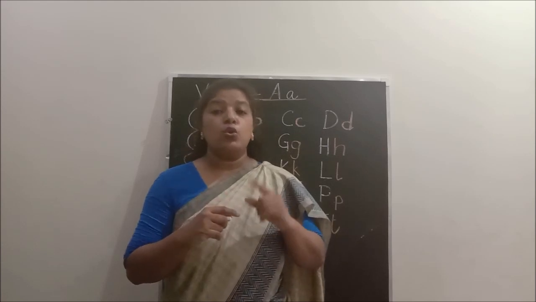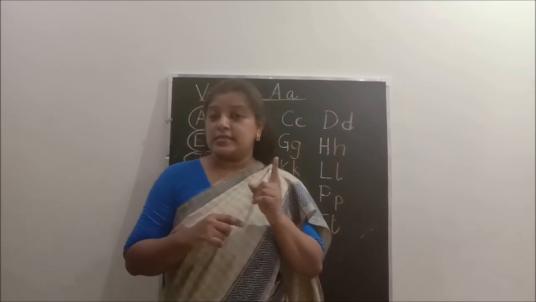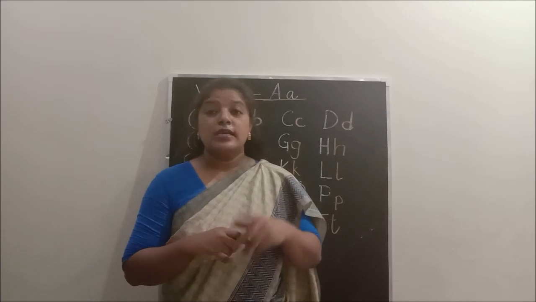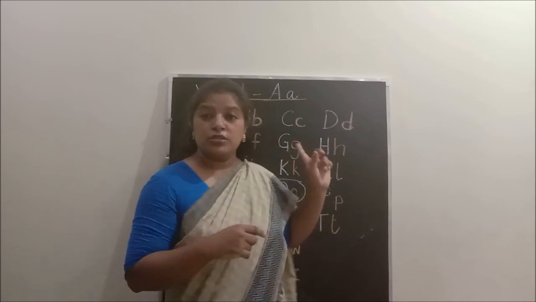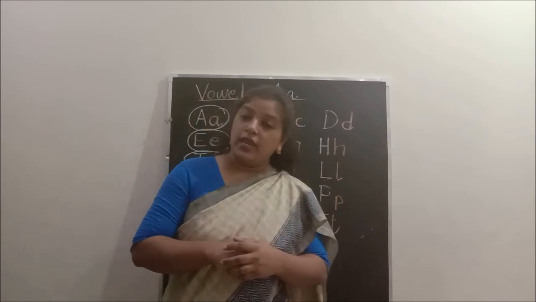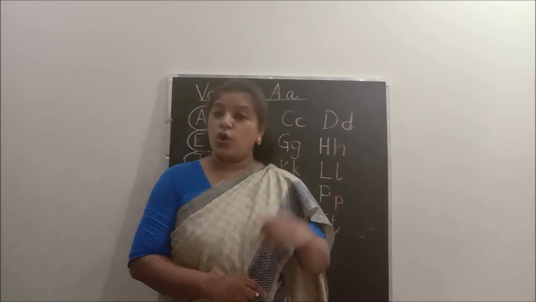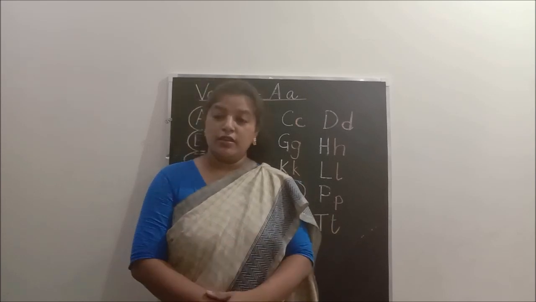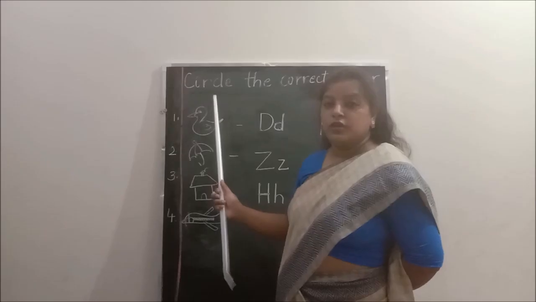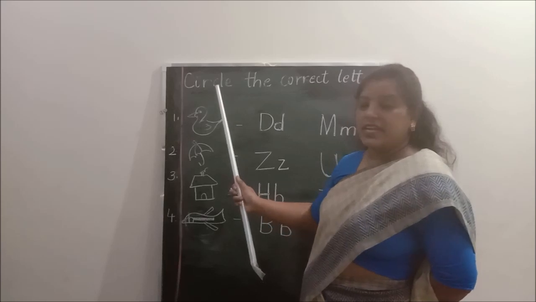Now we are going to do one new exercise that is called circle the correct letter using these alphabets. Okay, so let's do our exercise on the board, then I'll show you in the notebook. Clear? So let's see the exercise.